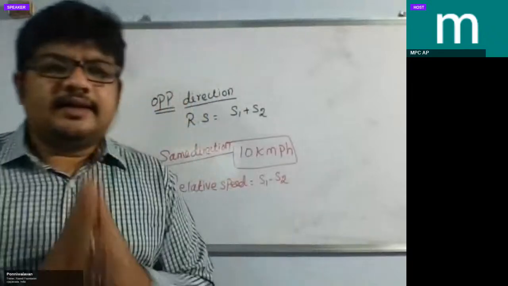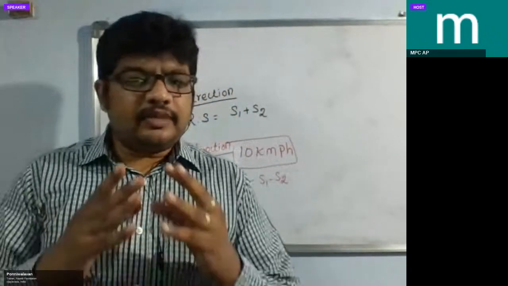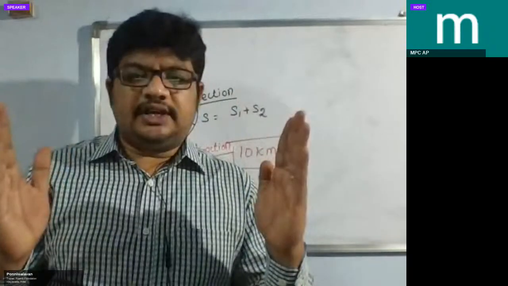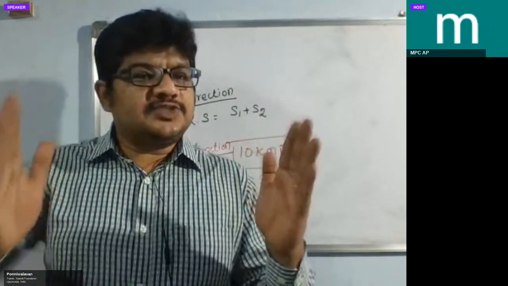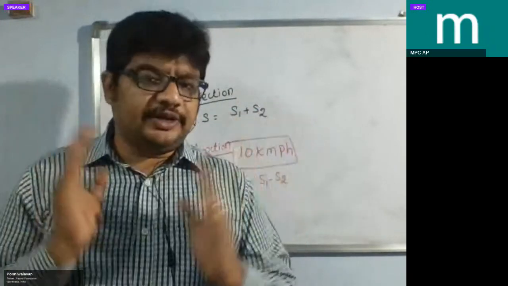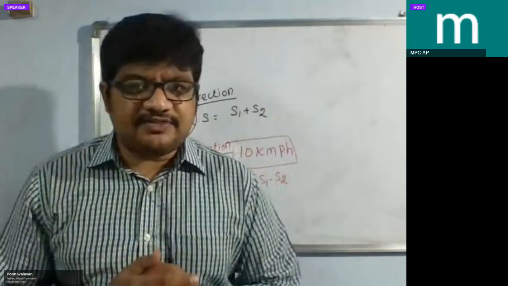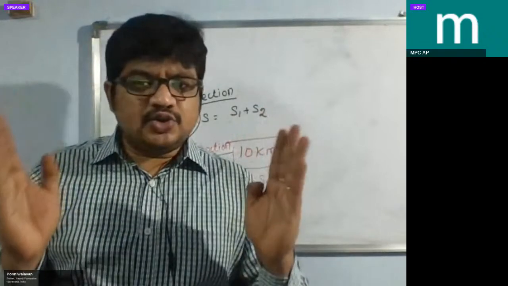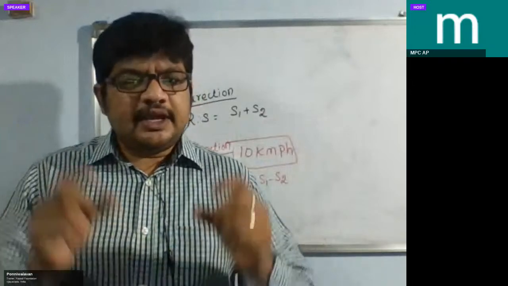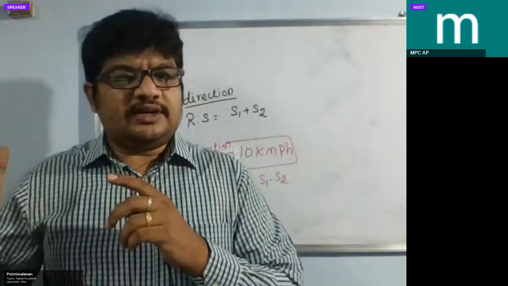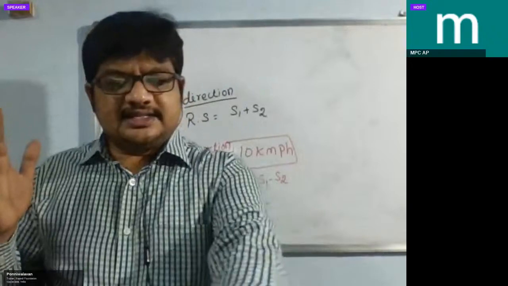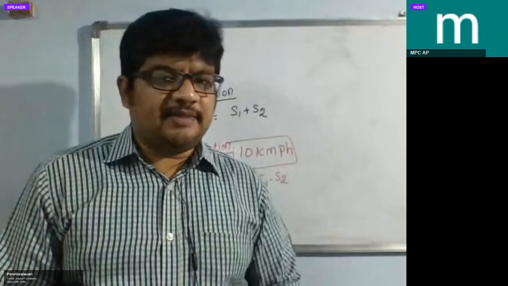Listen. There are two cities and the distance between them is 800 kilometer. I'll explain the question first.